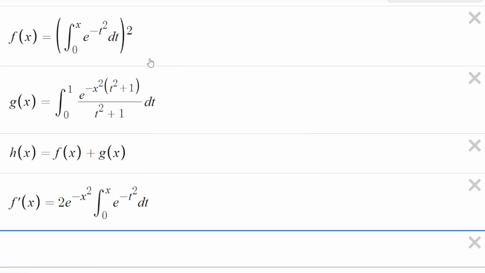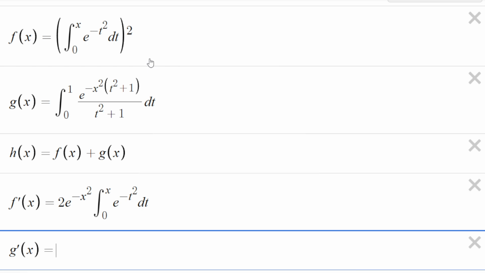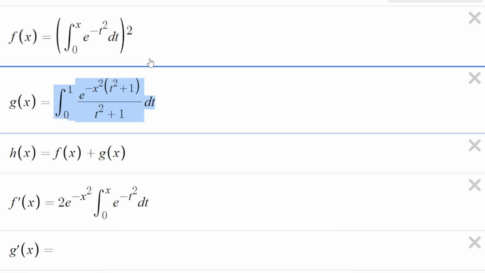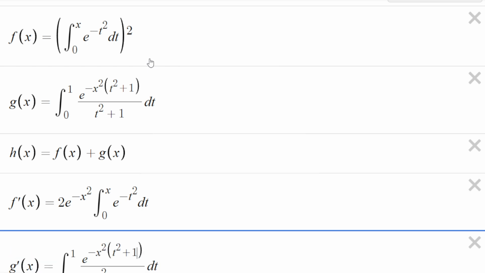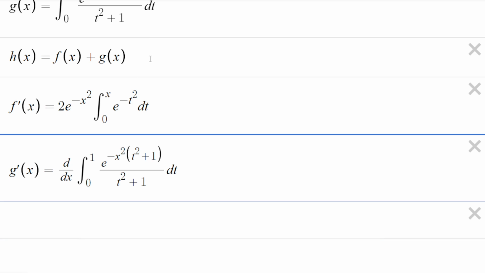Now let's figure out what g prime of x is equal to. Well, it's going to be equal to the derivative with respect to x of our original g of x, and we can use the Leibniz rule for differentiation under the integral sign to bring that in. Okay, and now let's mess around with this a little bit. If we take the derivative with respect to x of this thing, really this is the only thing that depends on x.